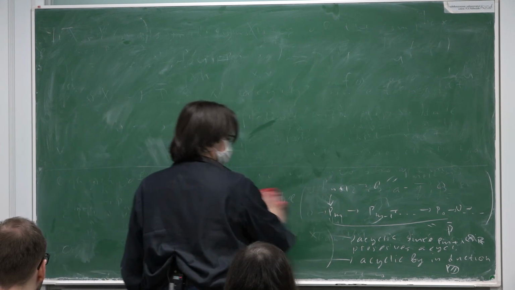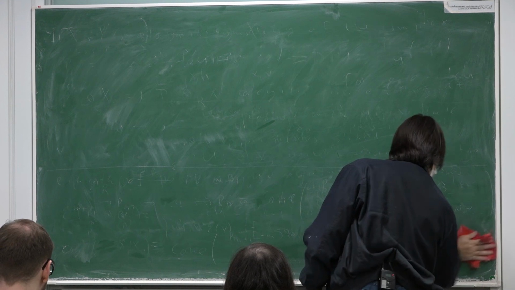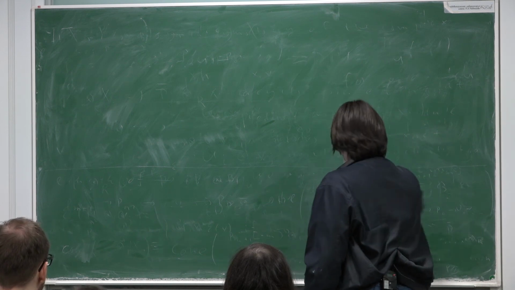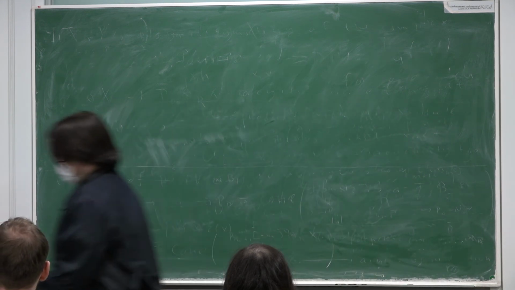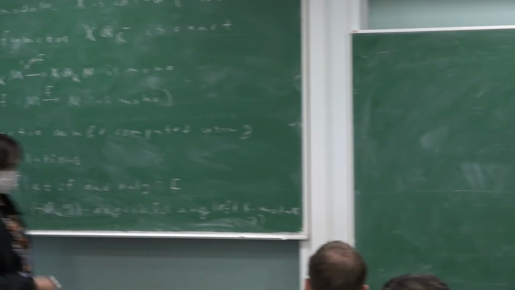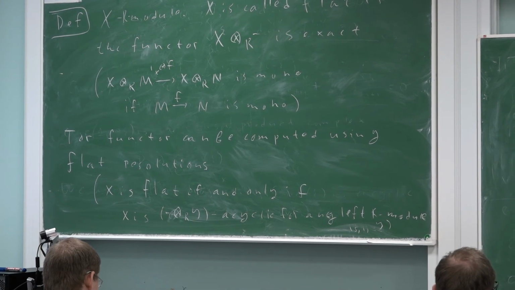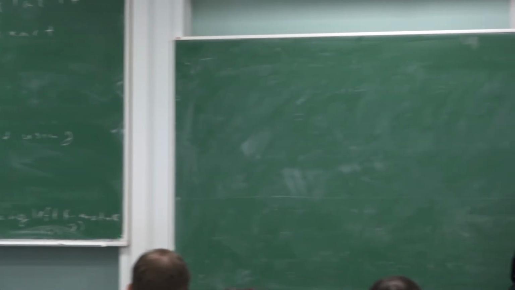At seminars we have talked a little about flat modules. We know that, or we will know that for a big class of modules, flatness implies projectivity. On the other hand, we know that there are flat modules that are not projective.